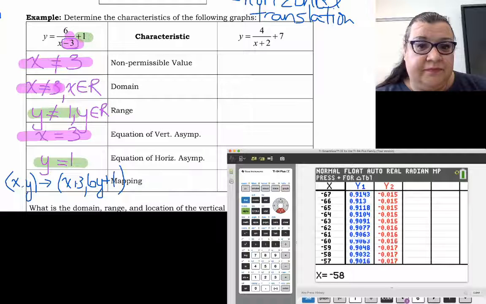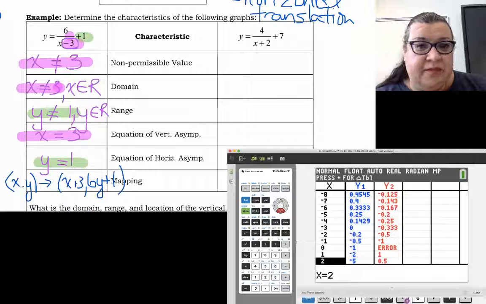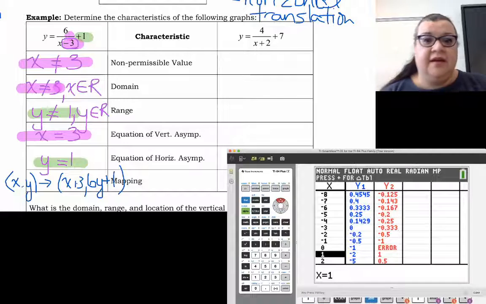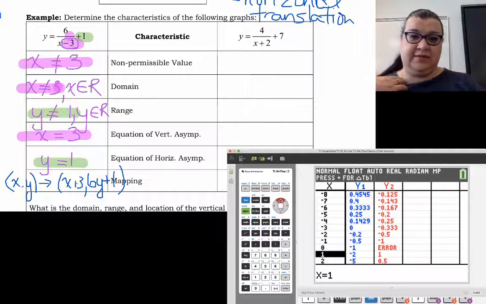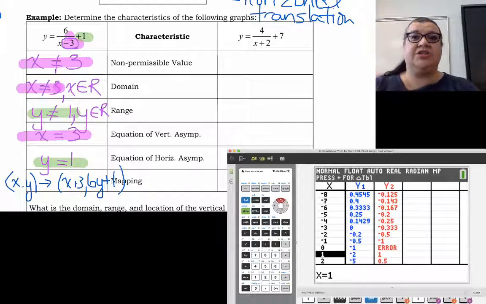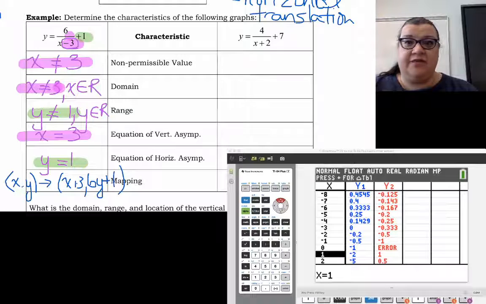And so if we look at that in the table of values, sorry, I got to scroll all the way back up. I thought I could just do a shortcut, but apparently not. All right, almost there. Okay. So x is 1, y is 1. Well, according to our translations, we're going to shift our x over 3.